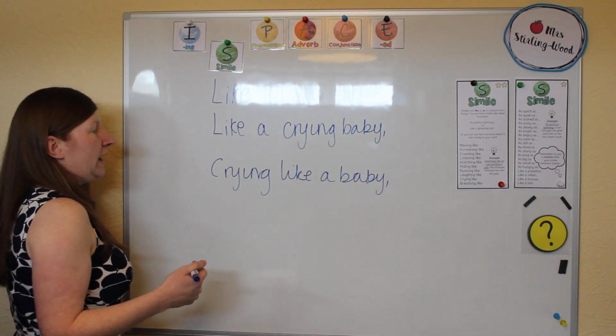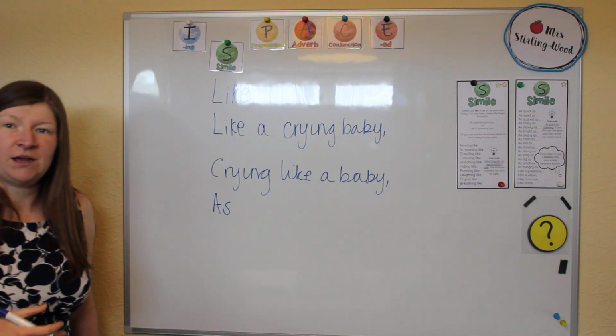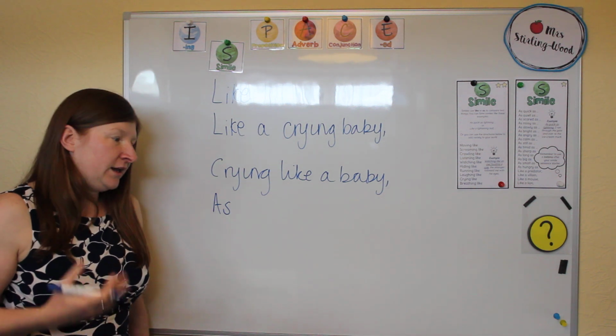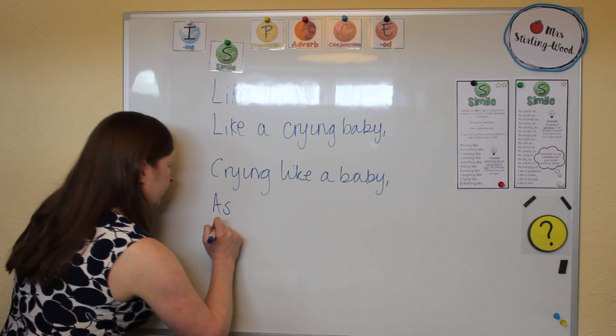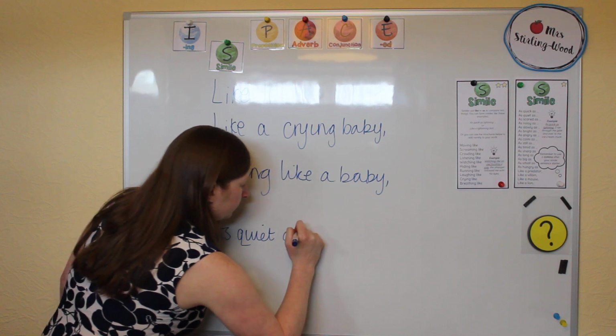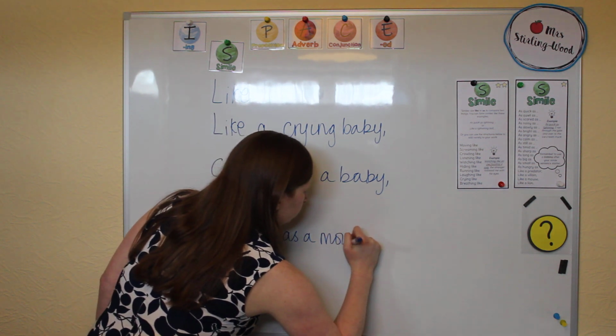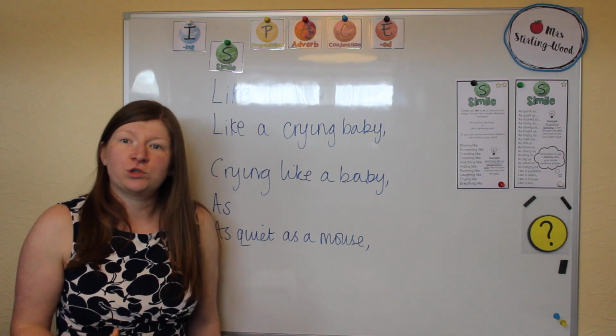The second way that we have to make a simile is using the word as, and we use the word as twice if we're doing a simile. So for example, as quiet as a mouse. A great way of showing somebody what you're talking about.